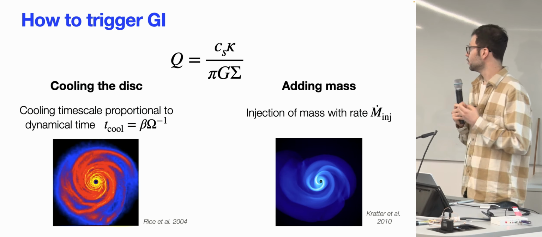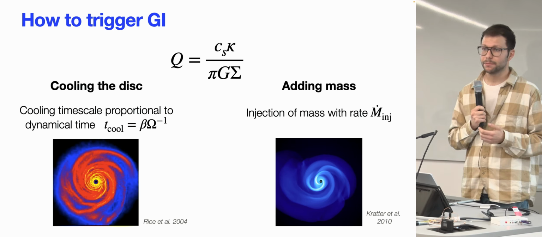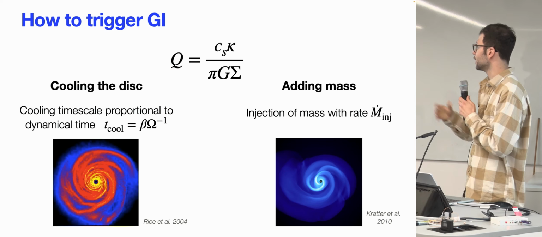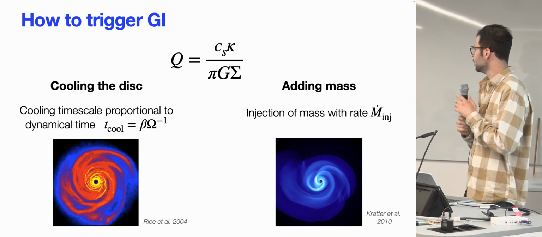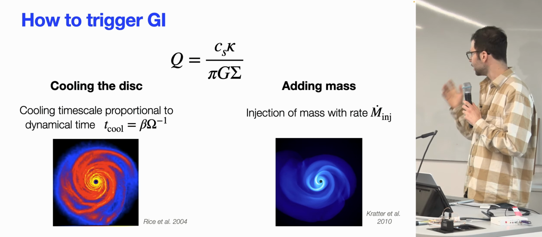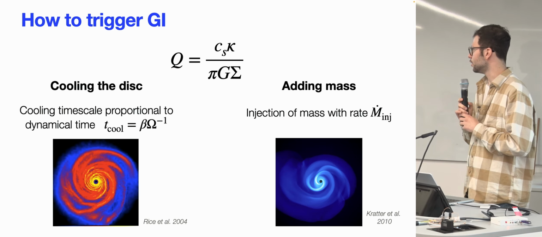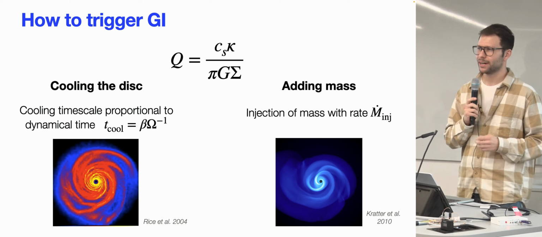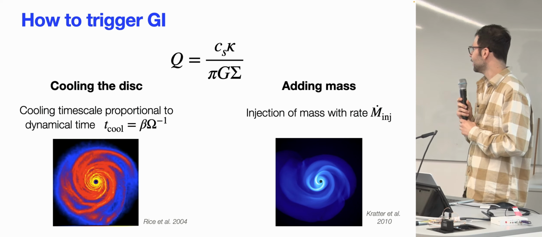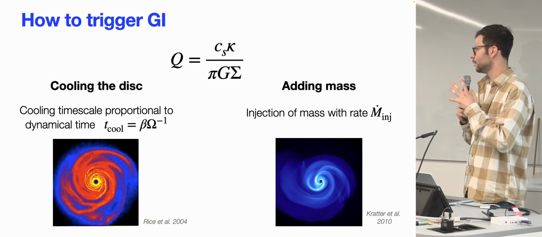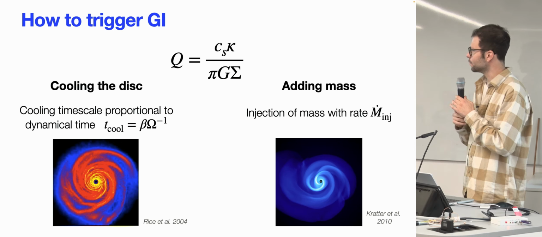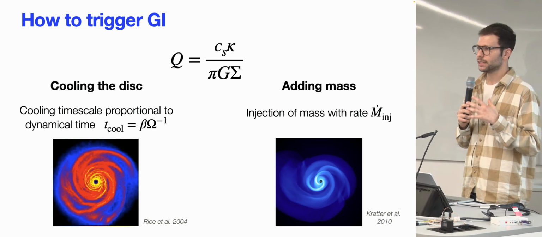Finally, there is a second way in which we can trigger gravitational instability. This is by adding mass, so by increasing the surface density. This has been studied in the past. It's not so popular as the beta cooling, and it has just been studied in the context of star formation.